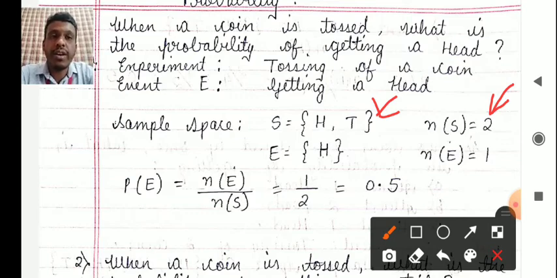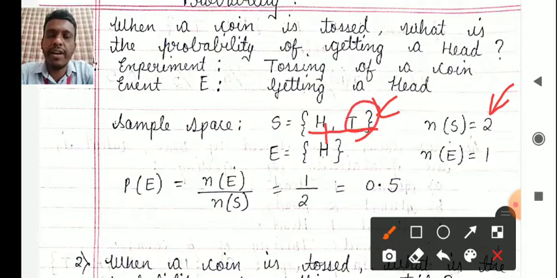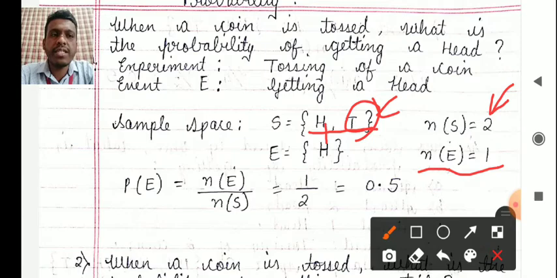Now what was the event? Event was getting a head. Now you have to look at this sample space. Where are you getting a head? Only 1, so bring that down. Are you getting a head here? No, it is a tail, so it will not come down. Fine. So E is equal to {H}. Now what is the number of items in set E? It is equal to 1.